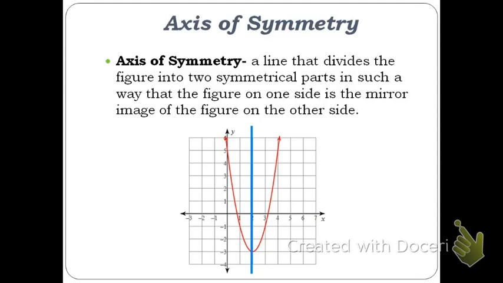Think about the letter U. It's a perfect shape because it splits very nicely in the middle, so perfectly that we call this line an axis of symmetry. And we'll be looking at that, trying to figure out just the center of the graph.